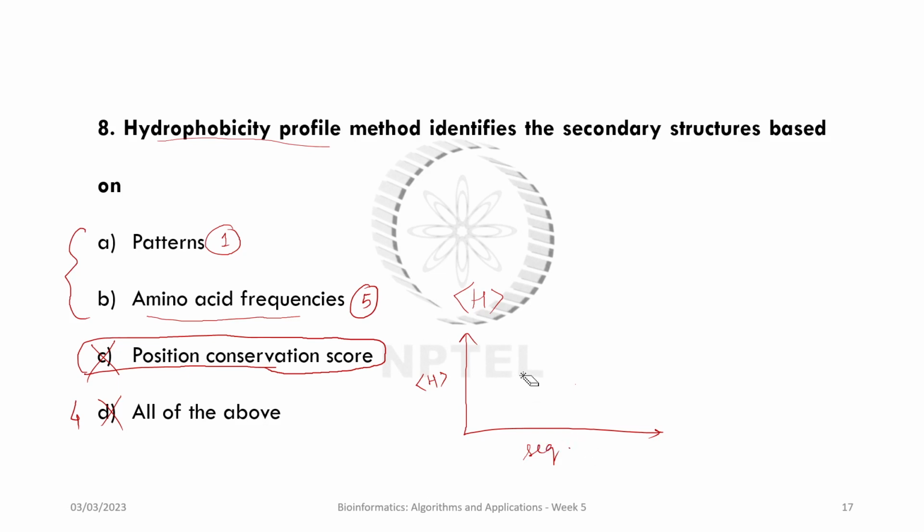So it's a score essentially, not a frequency, but it identifies the secondary structure when you're having a profile. You're identifying the secondary structures based on the frequency or based on patterns. It is the pattern that we are looking for.